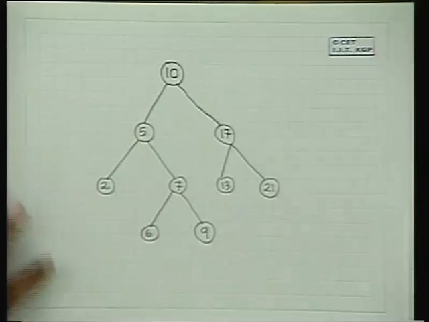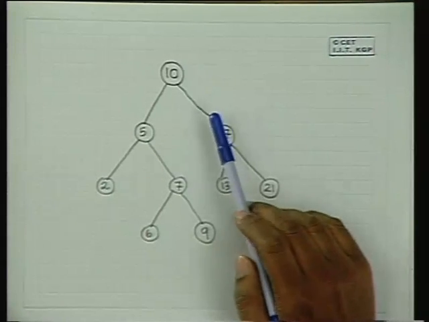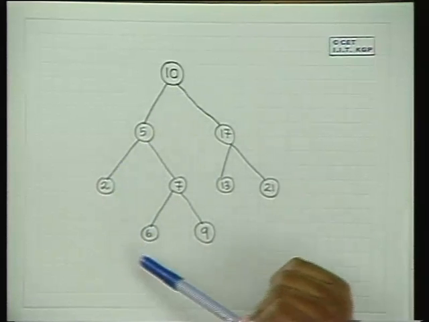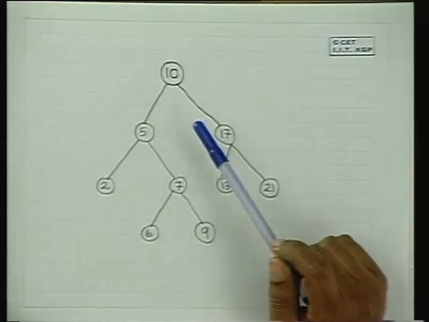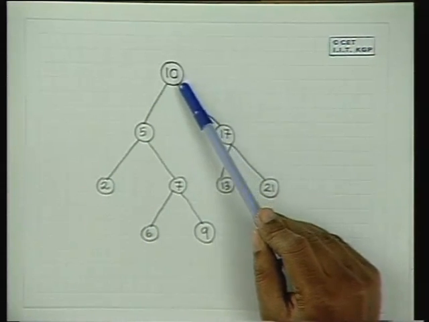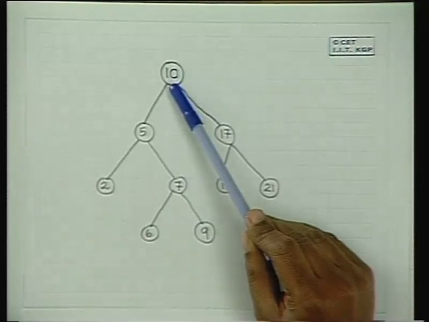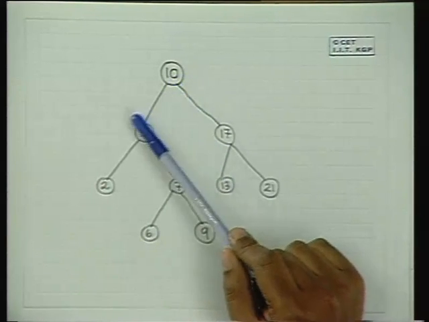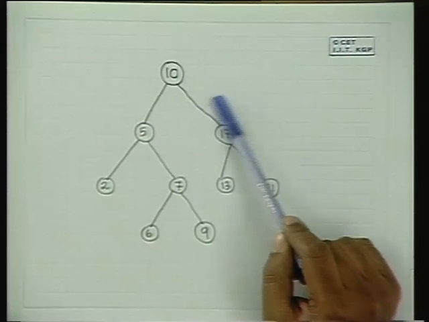So given a set of keys or numbers or even strings which are comparable, you could set up a tree during the process of insertion, and the tree was ordered this way. Elements which are less than the key element at a node were at the left, and which are greater were at the right.